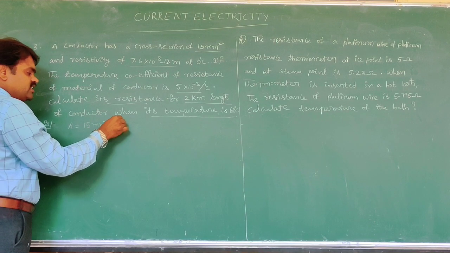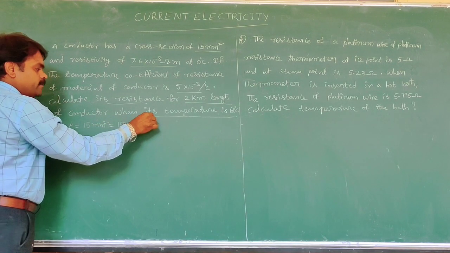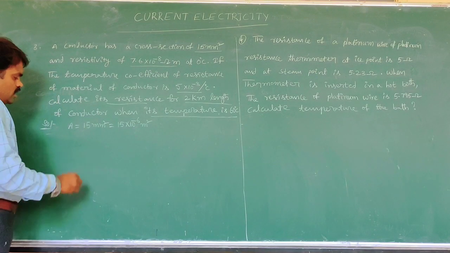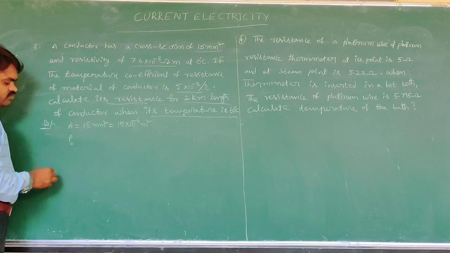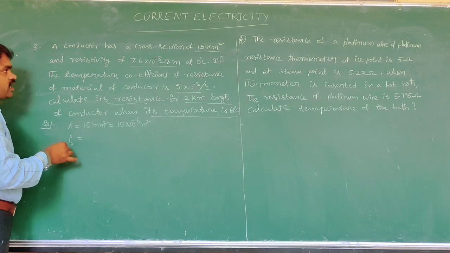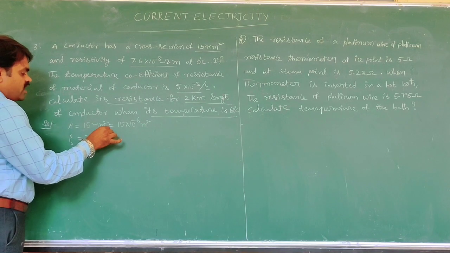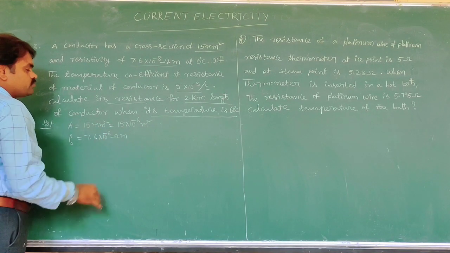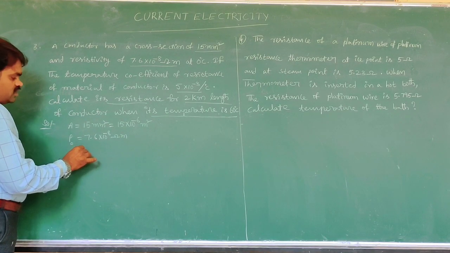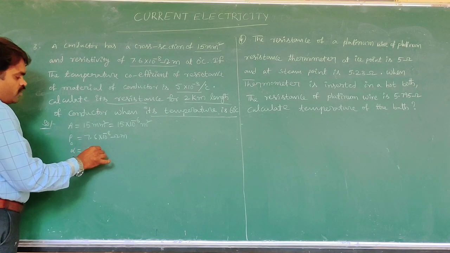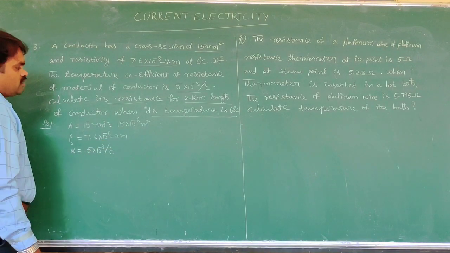Then it is 15 into 10 to the power of minus 6 meters squared in terms of meters. Now resistivity at 0, that is rho naught, we can write 7.6 into 10 to the power of minus 8 ohm meter, and the given alpha is 5 into 10 to the power of minus 3 per degree Celsius.